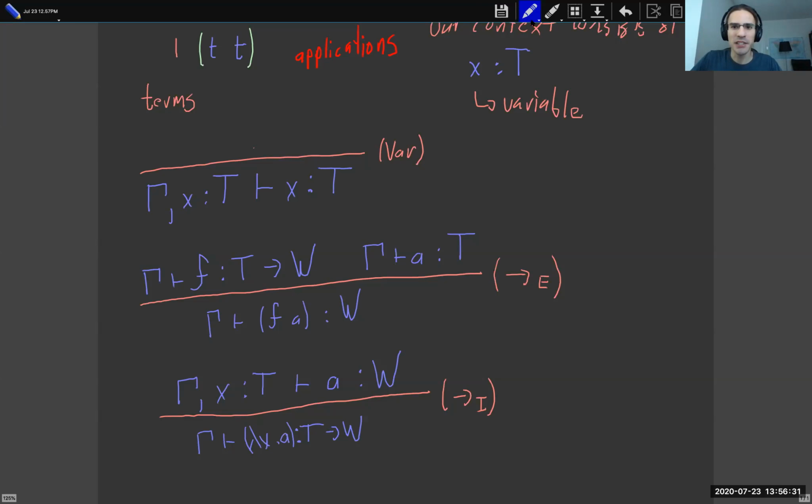And the correspondence is really nice because if you actually look at the conclusion of each of these sequents and you look at the structure of the proof term, in here, the proof term is a variable. In here, the proof term is an application. And in here, the proof term is an abstraction.